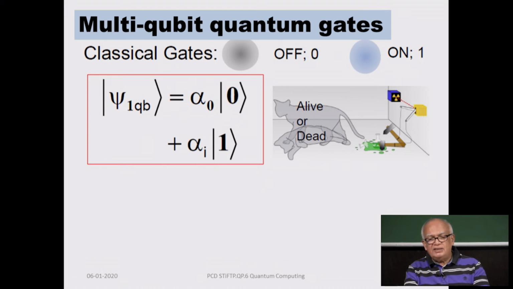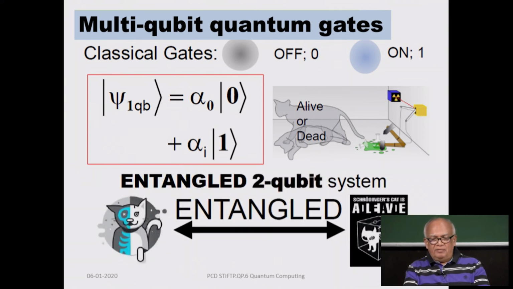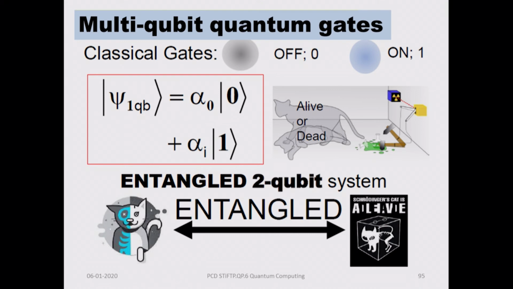So we have discussed single qubit quantum gates so far, and we will now get into multi-qubit quantum gates, which means that you had a cat which was dead or alive in a superposition state, and you have another one which is also in a state of superposition of being dead and alive.